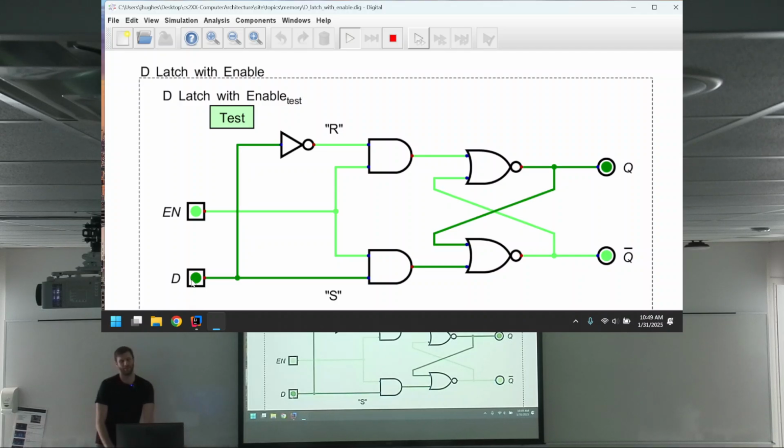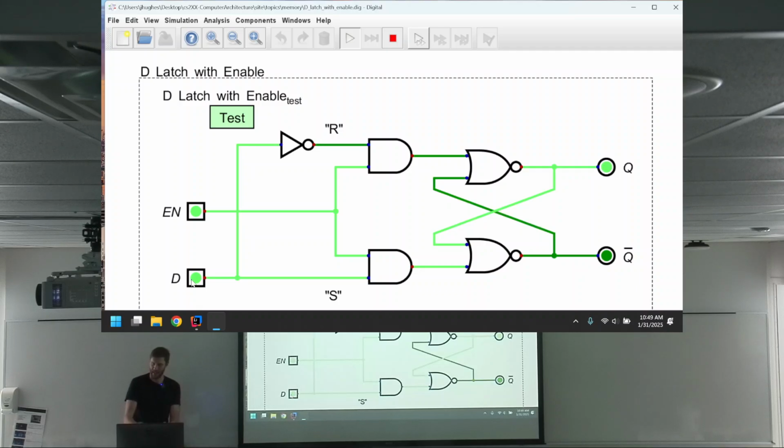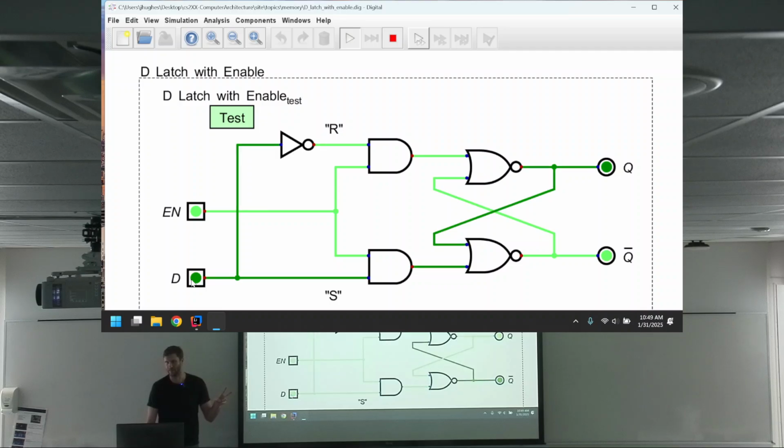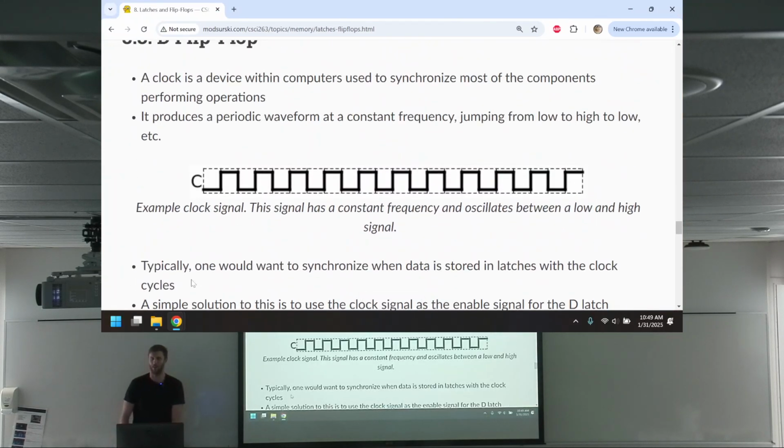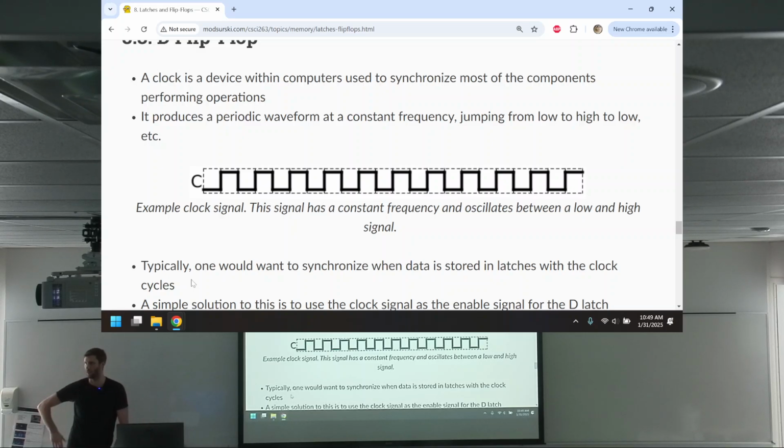I really don't want anything, like there's an enable, there is a data line, but really, if I have any data that I want to get in there, I want a second enable line that is on a clock pulse. So here's a clock pulse, high, low, high, low, high, low, high, low. It's interesting, right?